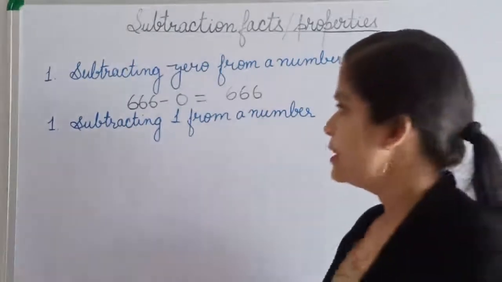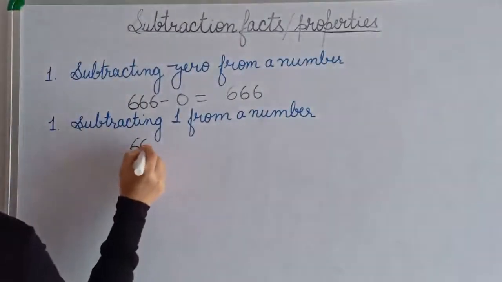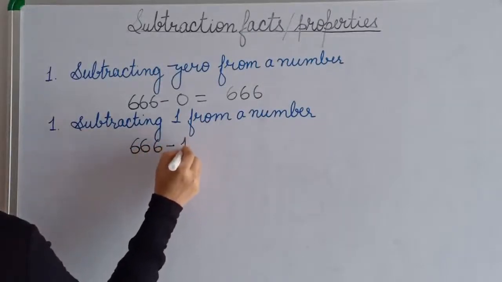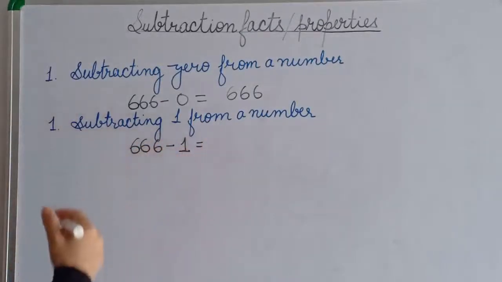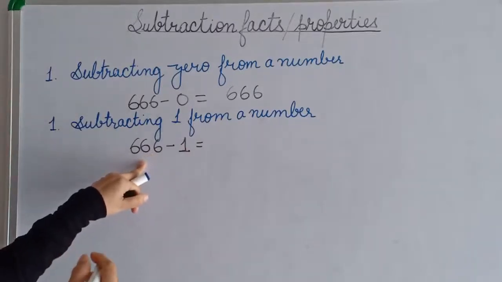For example, here we will subtract 1 from 666. We will get the number which is just before this number, the predecessor of this number.